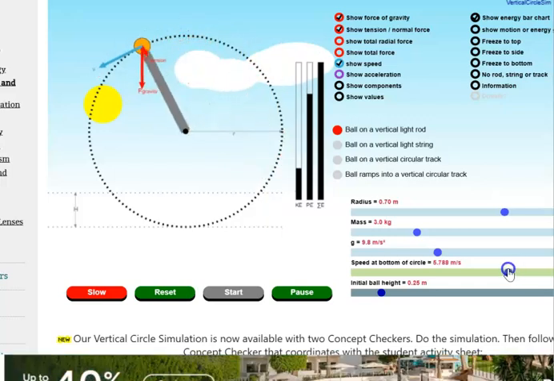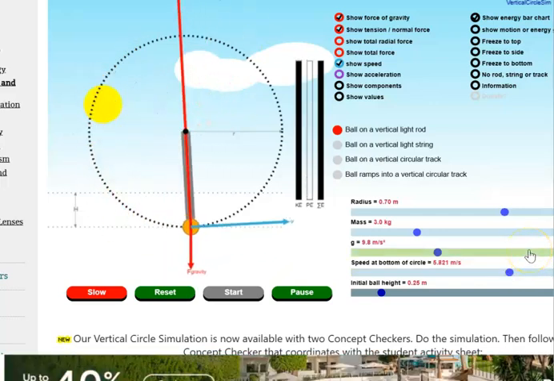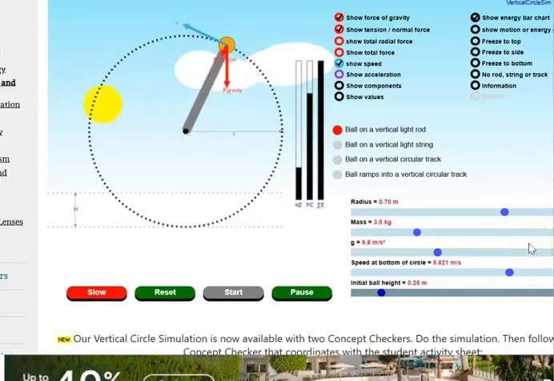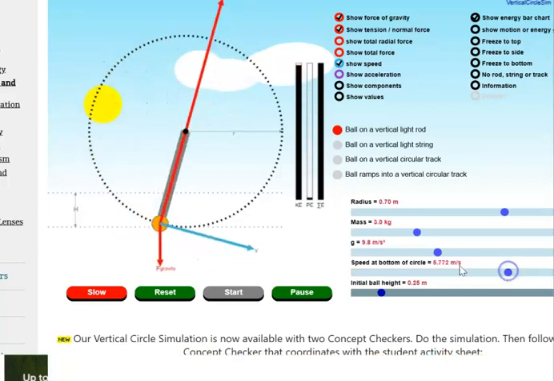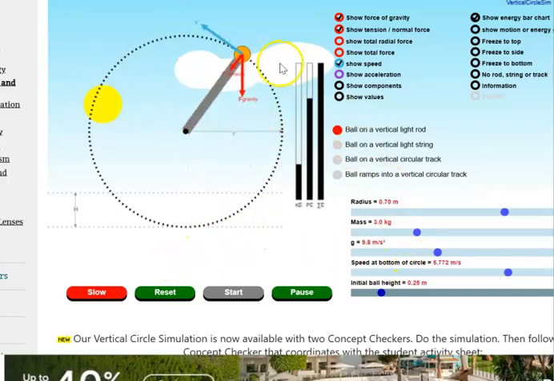It's going to be something like 5.8, give or take. Probably still a bit too much. Anyway, what is the speed with which you would have to go through in order to just get over that point?